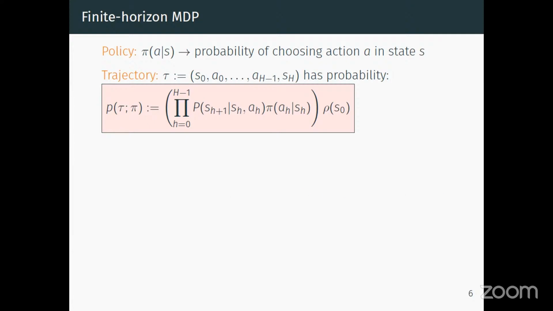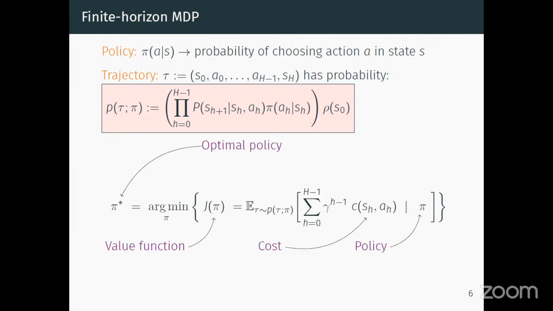And now the performance measure is this, which is the discounted sum of costs for the given policy. So I'm choosing actions according to pi, I accumulate the cost with a certain discount, and I want to minimize this. And I take this expectation over all possible sample paths or trajectories.